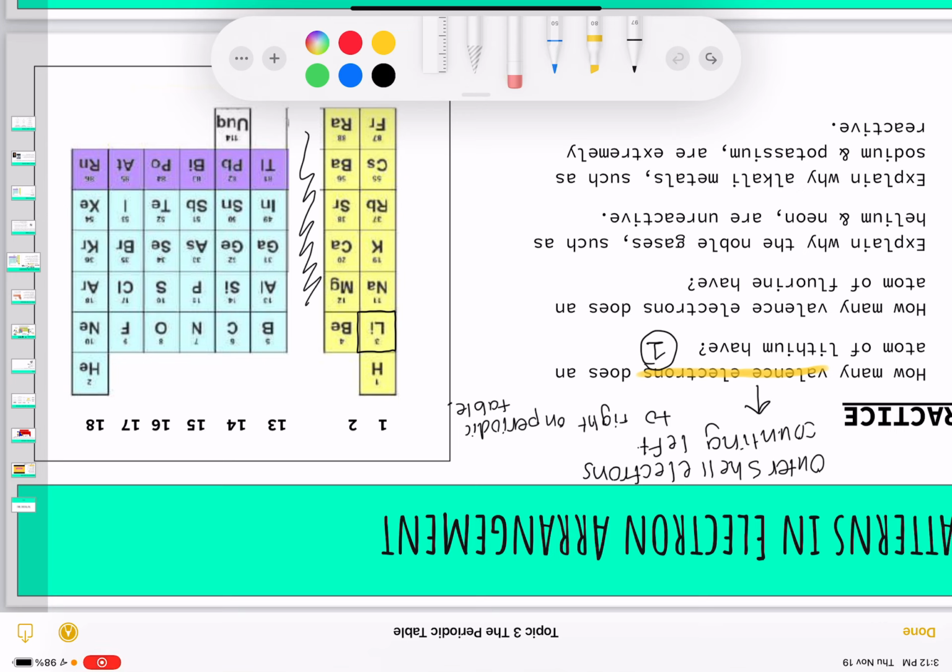So that's why this might look a little weird. But if we're looking at fluorine, fluorine's right here. We go 1, 2, 3, 4, 5, 6, 7. So it's 7 over from the left, which means it has 7 valence electrons. Okay.